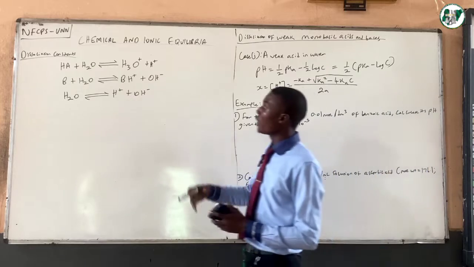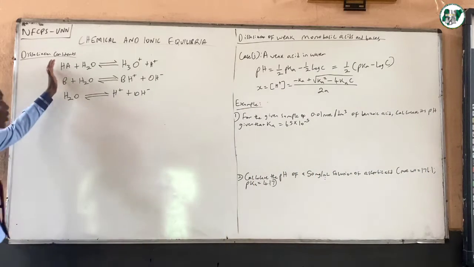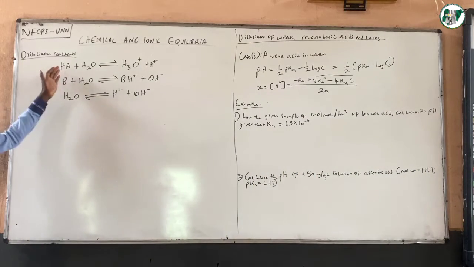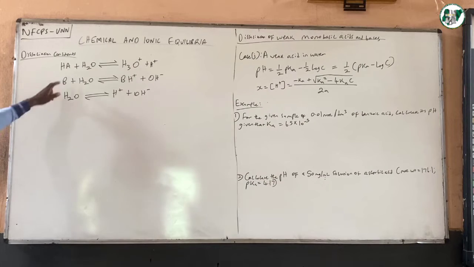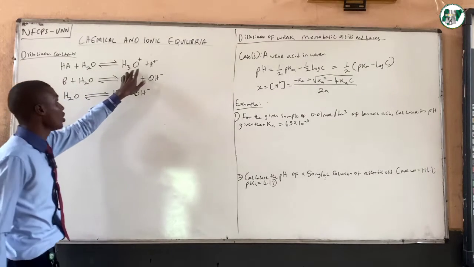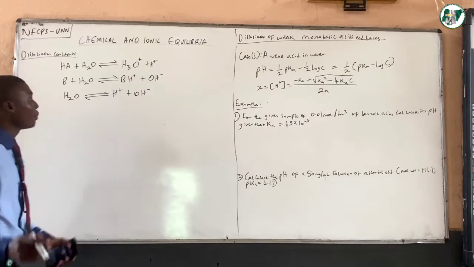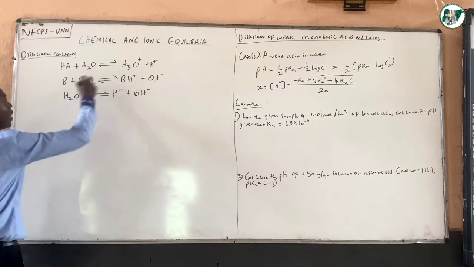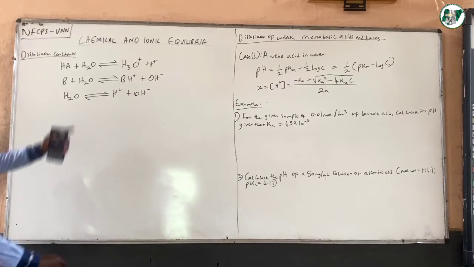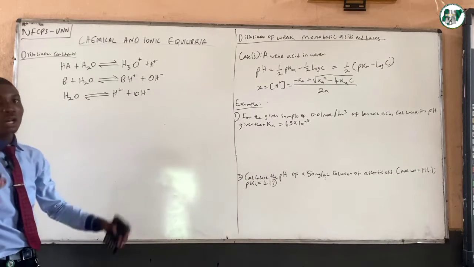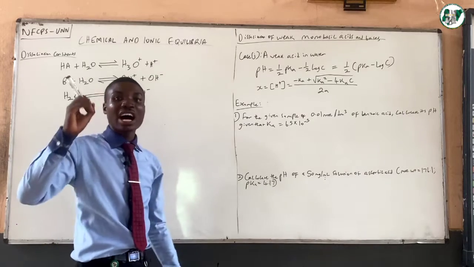So what we have here is the dissociation equation for a sample acid, HA plus H2O dissociating into H3O plus and A minus. The reason why we have a two-way arrow is because dissociation is not complete. That is typical of weak acids and weak bases.